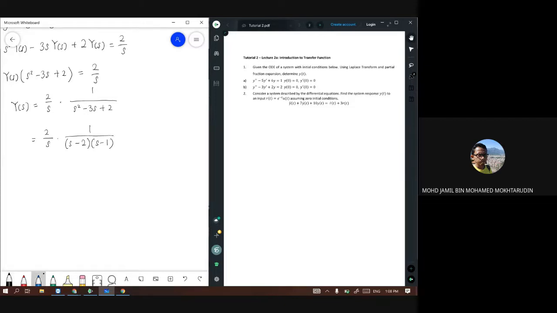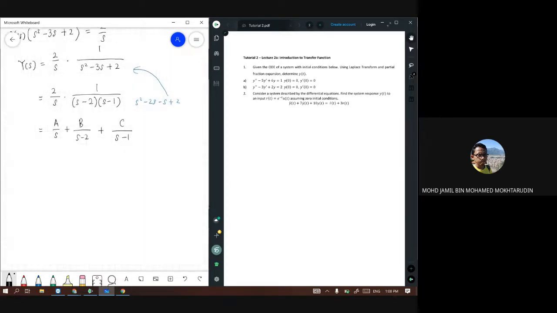Okay, you can check s squared minus 2s minus s plus 2. Okay, same. And then separate them into partial fraction. You get A over s plus B over s minus 2 plus C over s minus 1.